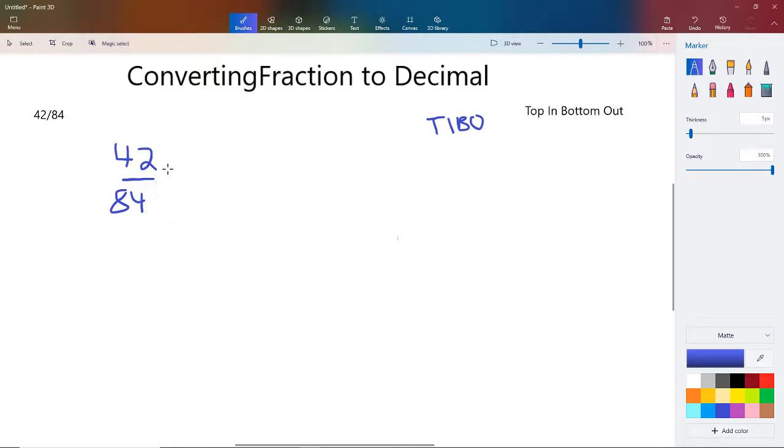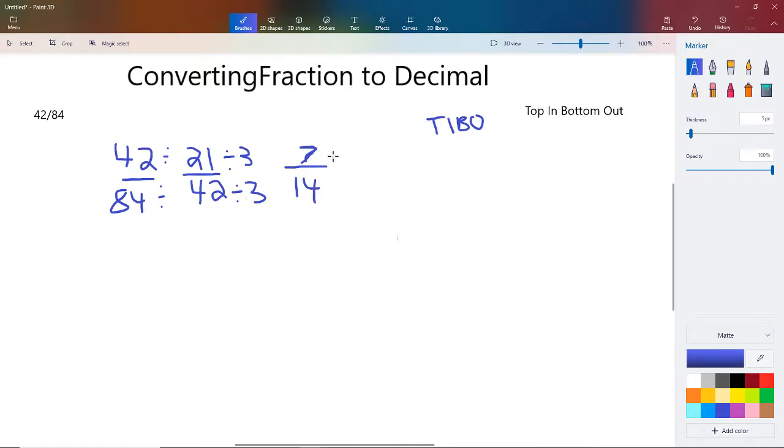Well, I see they're both even, so I know they can be divided by 2. 42 divided by 2 is 21. 84 divided by 2 is 42. Now some might stop here, but I see that this can be simplified by 3. So now we get 21 divided by 3 is 7. And 42 divided by 3 is 14.